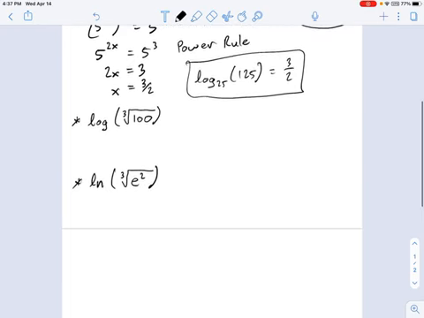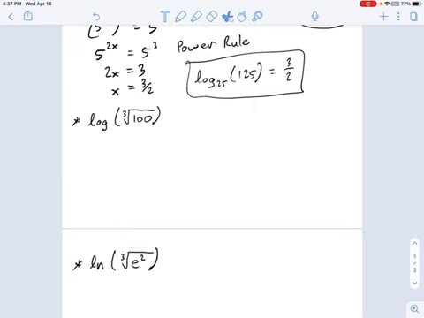In this one, we have log, and it doesn't tell us what the base is, but the logarithm of the cubed root of 100, what is that? Just remember, anytime you see a log where there's no base identified, that means log base 10. It's just shorthand. So now we've got an equation to evaluate.